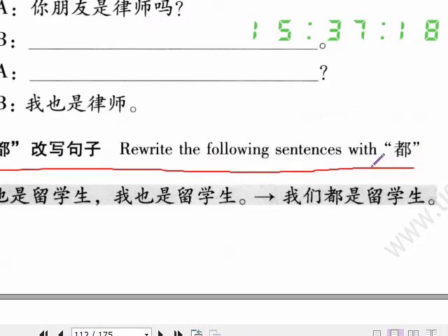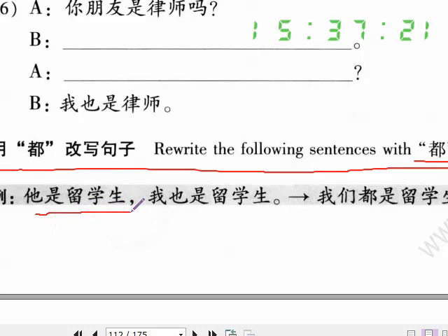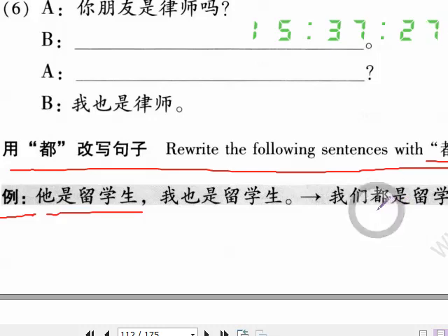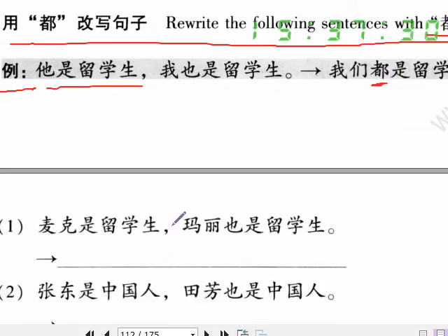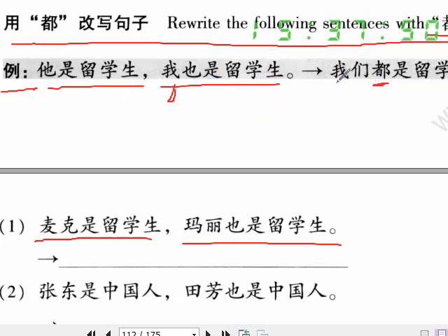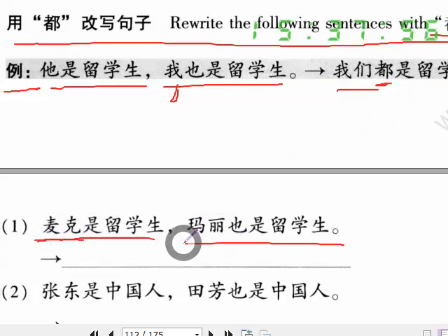Review the following sentences with 都. 他是留学生，我也是留学生，我们都是学生。都 means all together. 麦克是留学生，玛丽也是留学生，他们都是留学生。Because you don't say here "I am an overseas student, I'm also a student". If there's an I, you say we, 我们. Because this is all called Mike and Mary, these are some other people, not you, not me.